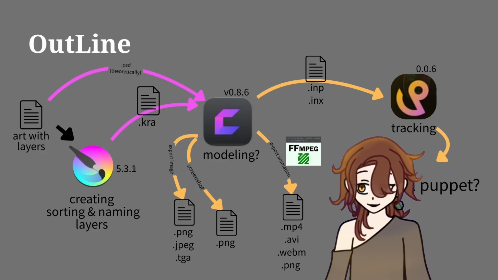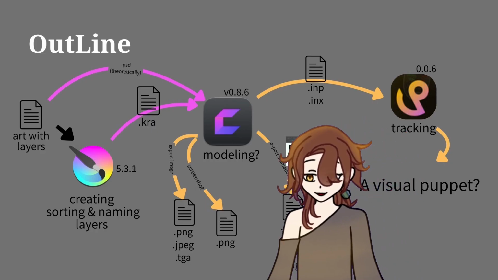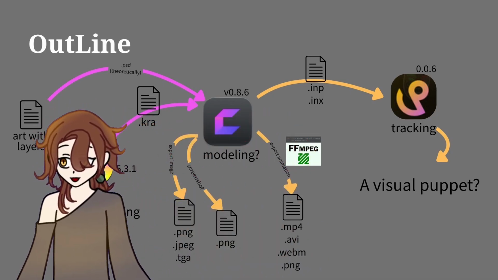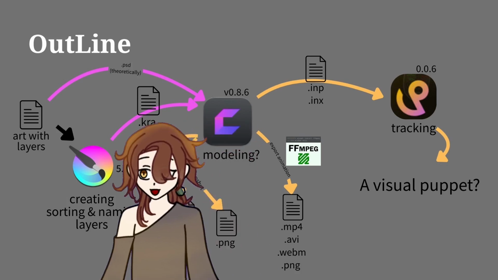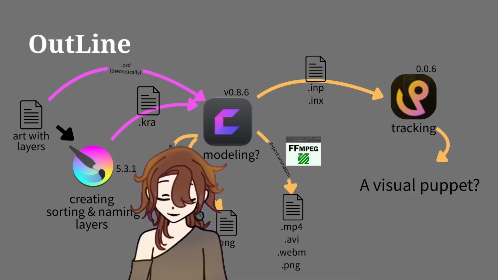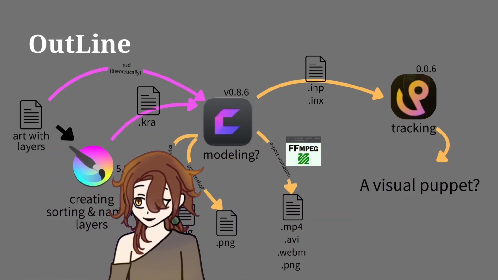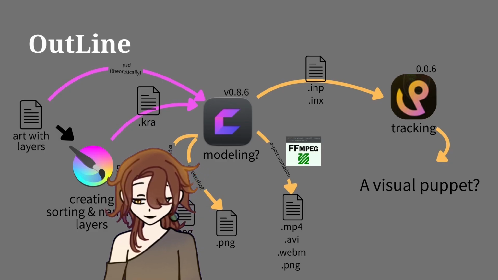Hello, today I'm going to guide you through how to make your own free Vtuber model by using open source and free software. The first one I would recommend is Krita or anything else.